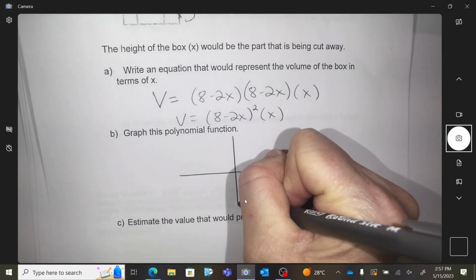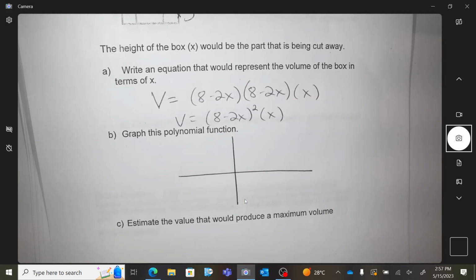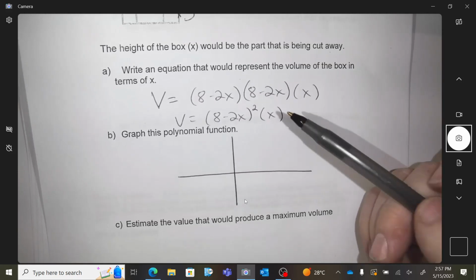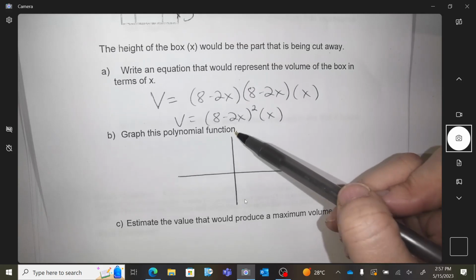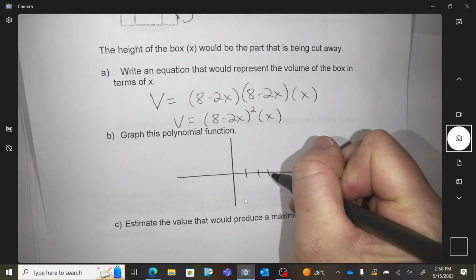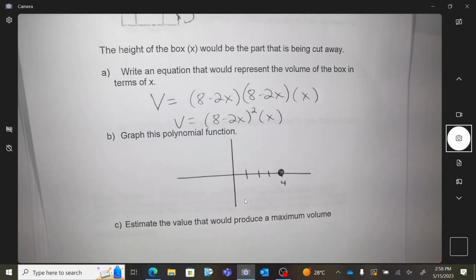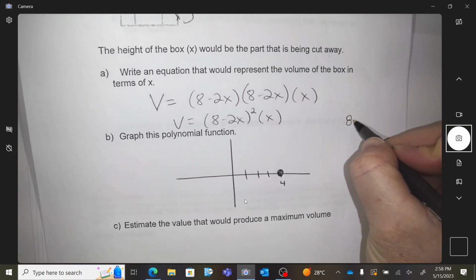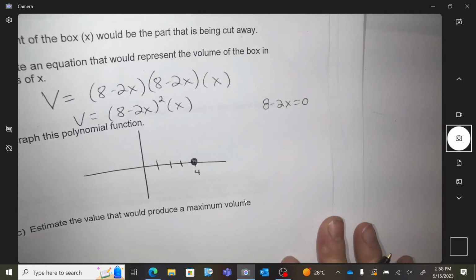Graph. Okay, you ready? Tell me what x value causes this bracket to be 0. 4. 4 causes that to be 0, right? 8 subtract 2 times 4 makes 0, right? 8 minus 2x equals 0.